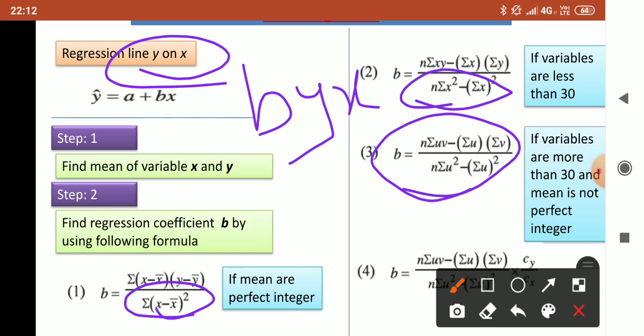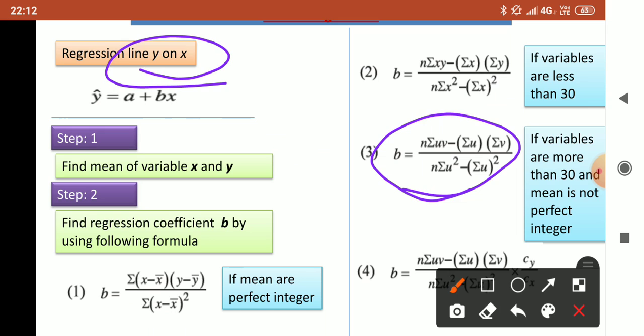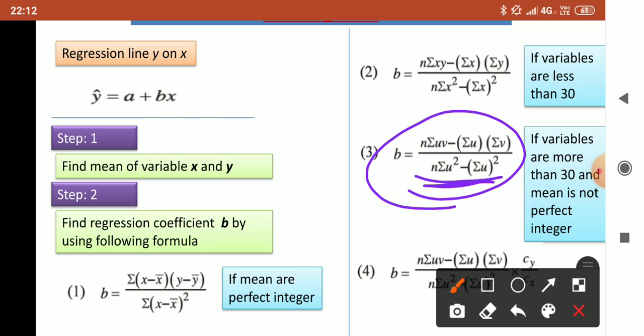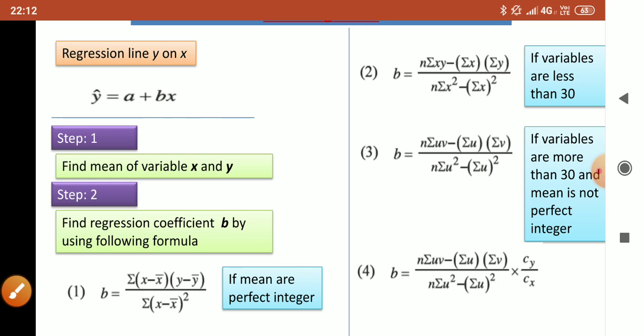Here u means x. So in the denominator only the x variable is to be considered. So here, what is the formula? n sigma uv minus sigma u into sigma v upon n sigma u square minus (sigma u) the whole square.